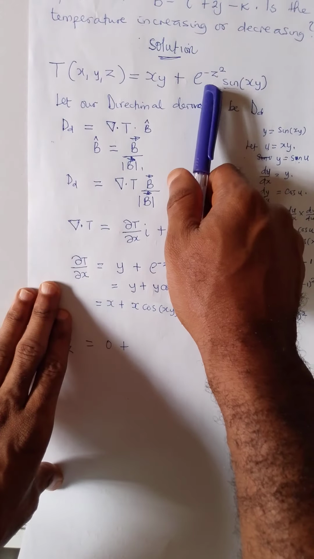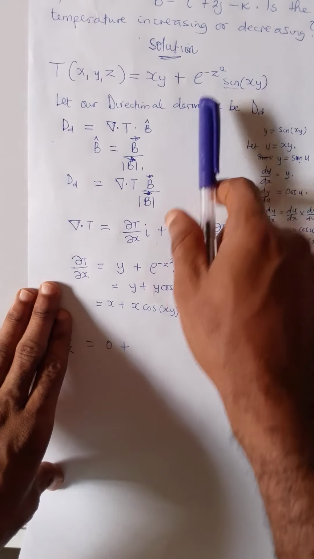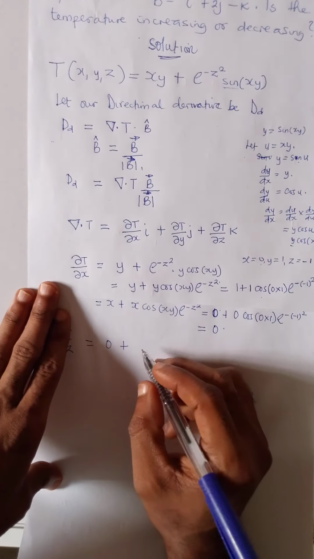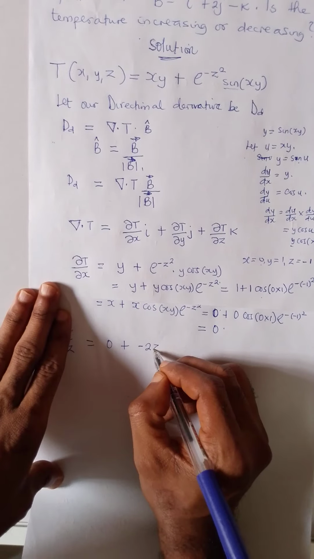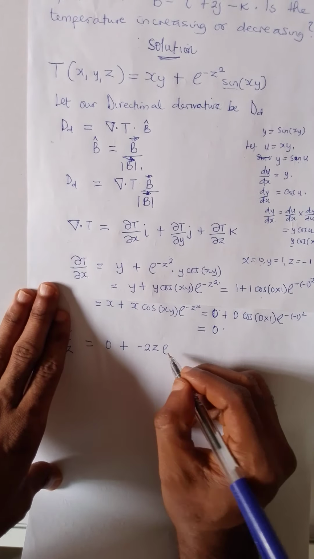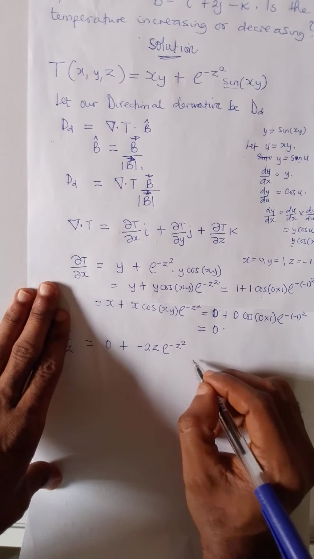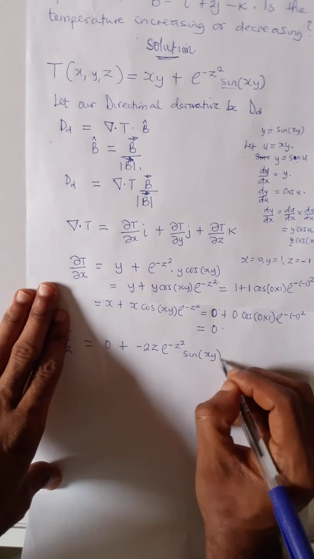This is an exponent. And so if we are to differentiate this with respect to z, it's going to give us minus 2z exponent minus z square sine xy.